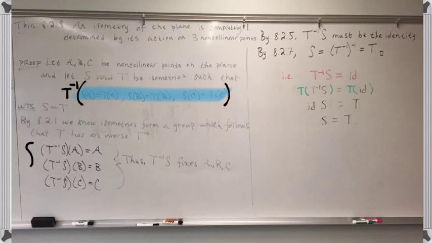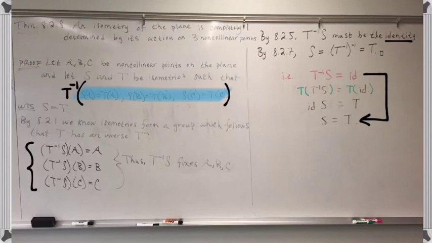And in doing so, we arrive at this system that says that T inverse S, as a transformation, as an isometry, fixes A, B, and C. But 825 tells us that any transformation which fixes 3 non-collinear points must be the identity. So T inverse S must be the identity, which implies that S and T are not only the same isometry on these 3 points, they're the same isometry absolutely everywhere.